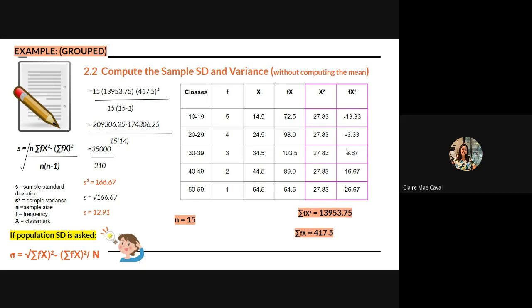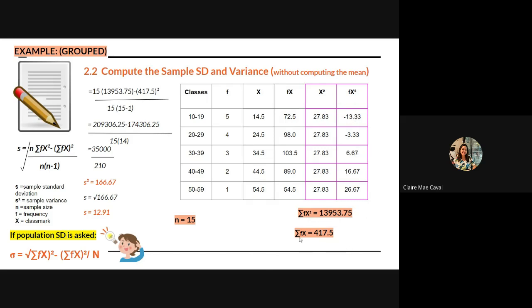This one is correct. Maybe it was just copy-pasted. Summation of fx squared is equal to 113,953.75. And then you also get the summation of fx, because these are the values needed for our formula: the summation of fx and the summation of fx squared.